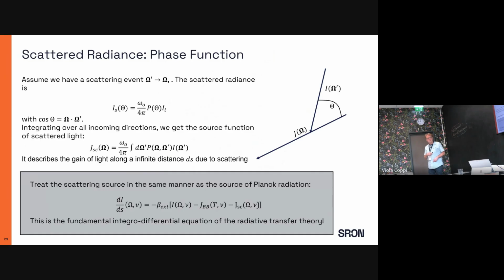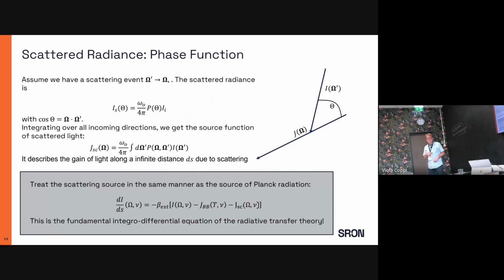And that goes into the radiative transfer in the sense that we ask, what is now the change of light along a small distance here? It can be scattered from all different directions and can contribute to light in the viewing direction shown here. So what we do is integrate the phase function over all directions with the radiance coming from all directions.